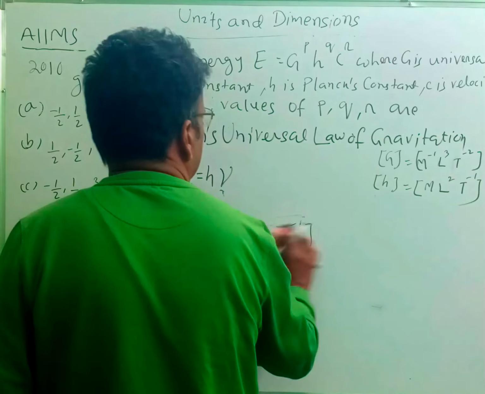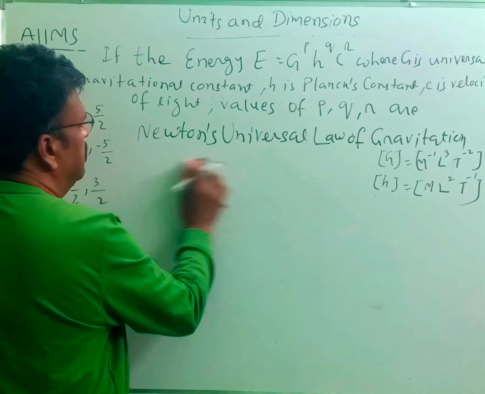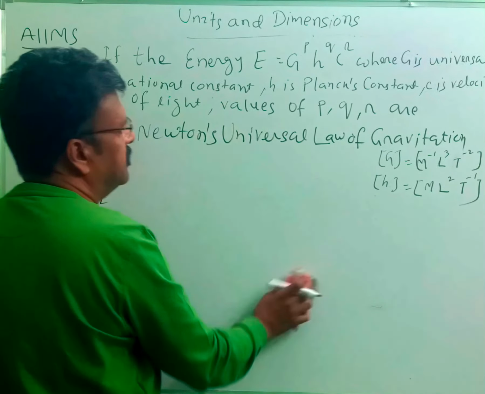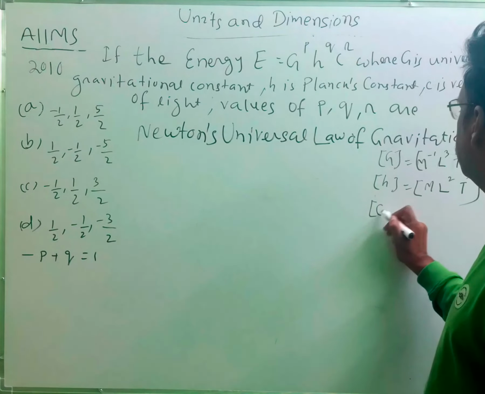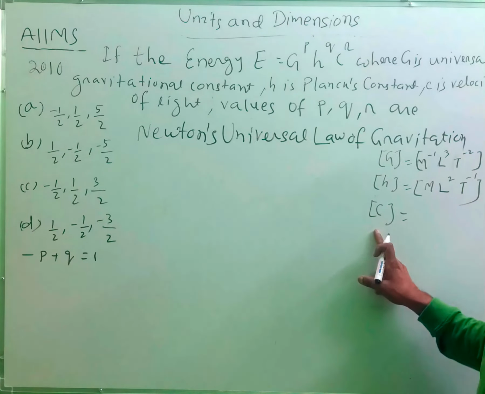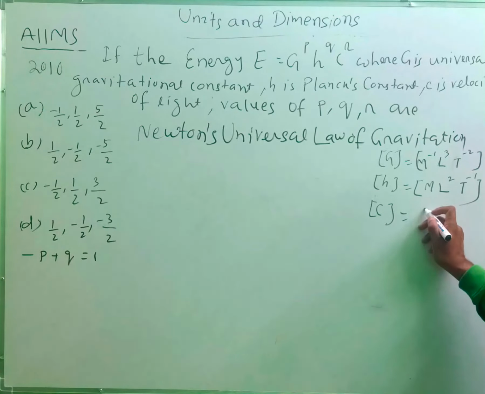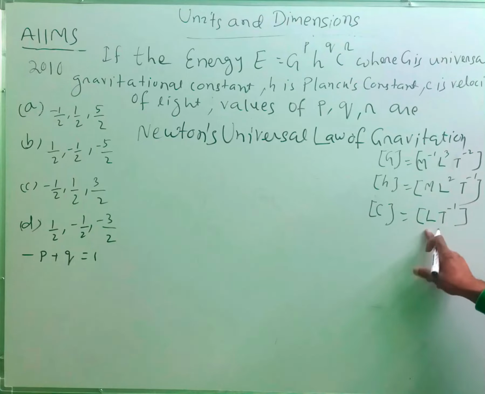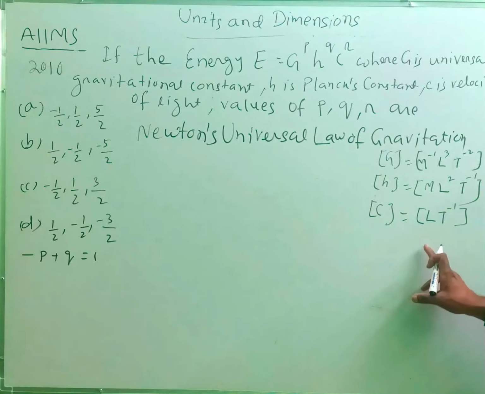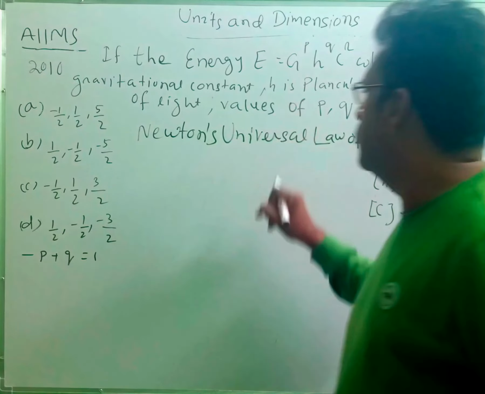Next, let us learn the dimension of the velocity of light. What will be the dimensional formula for the velocity of light, student? Velocity of light is also a velocity, and we know the dimensions of velocity, that is displacement upon time. So the dimensional formula is L T minus 1. Let us write the equation given.